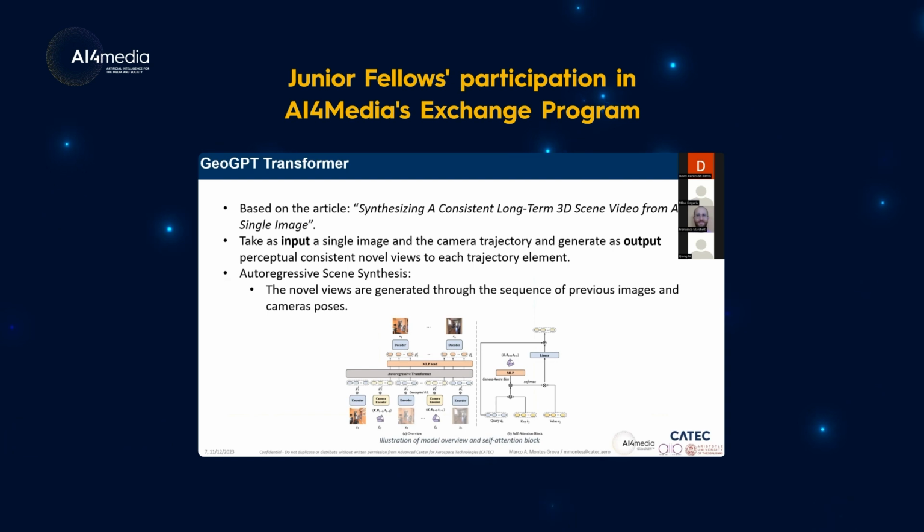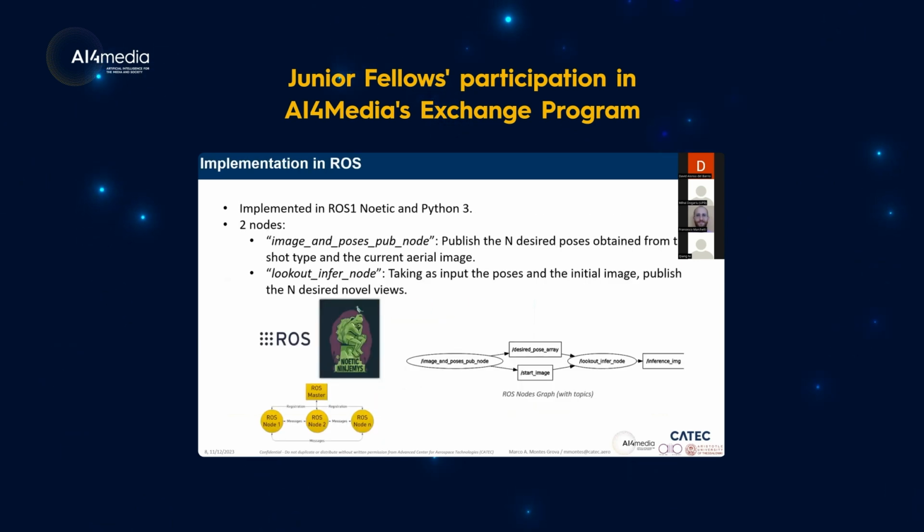But how does it work? Basically, I'm not going to explain the transformer, but the good point is that it works as an autoregressive synthesis that takes the current image and the previous one to generate the next one. So in this way, they're trying to ensure the photo consistency or the long-term consistency of the novel views generated.